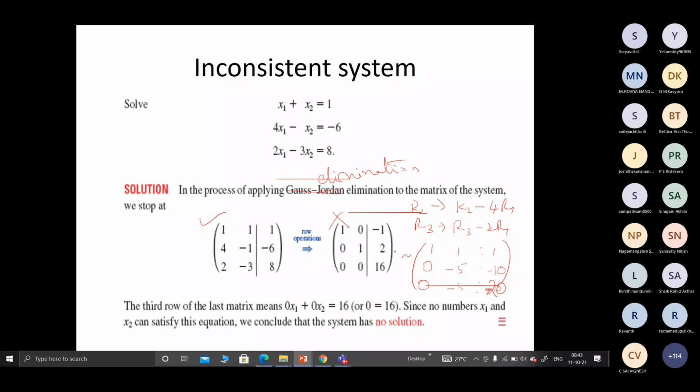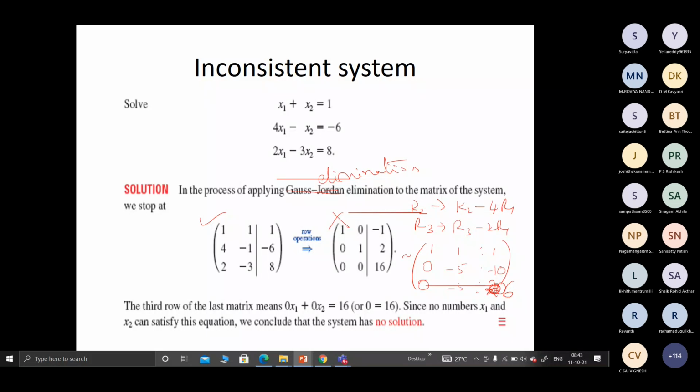Sorry, what is that? Correct, 0. This row only we are managing. I mean 8 minus 6, no. 8 minus 2 into 6, 8 minus 6 correct. So it should not be minus 10. So it is 0 minus 5 6.